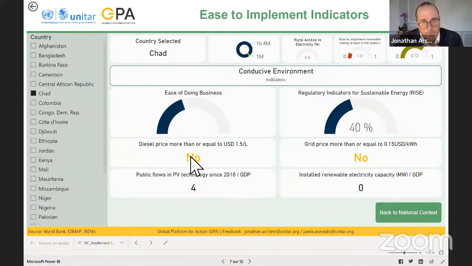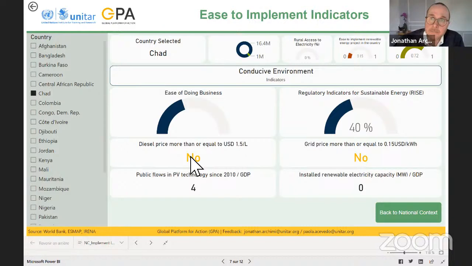Then the diesel price and grid price, it's also good information to know whether diesel and grid prices are cheap, so below 15 cents of USD per kilowatt-hour for grid, or below $1.5 for diesel.